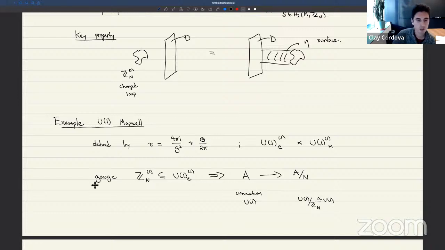So figuring out what happens when you gauge this one-form symmetry is very easy because of that. And in particular, because the whole action is quadratic, we can easily see what happens to the coupling when we do that. So when we do this construction, tau changes to tau over n squared.